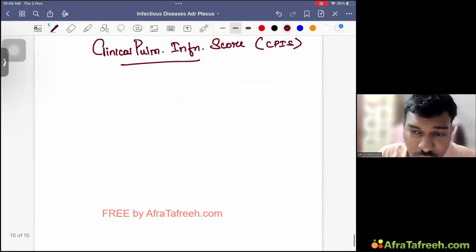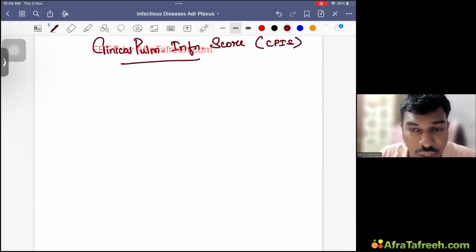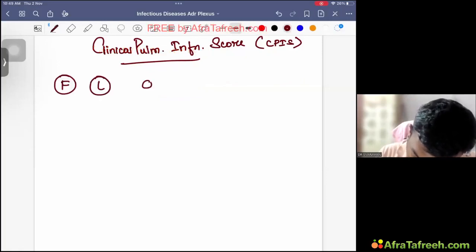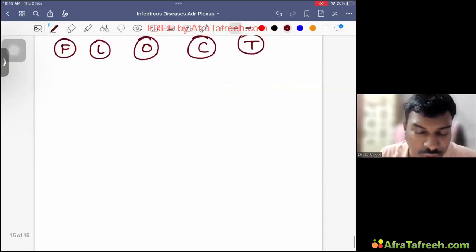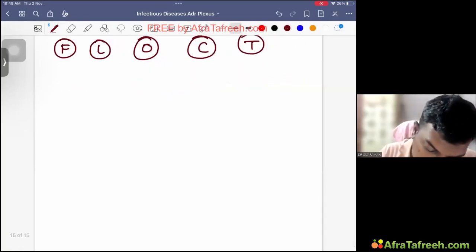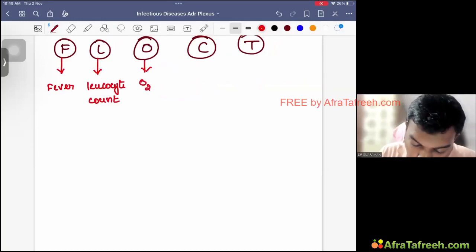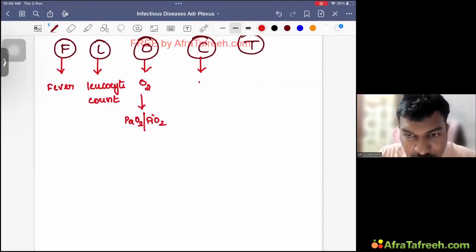Even though the scoring is not important for you, you have to know the components of the score. The components are: fever, then leukocyte count, O for patient oxygenation in the form of PaO2 by FiO2, C for chest X-ray.